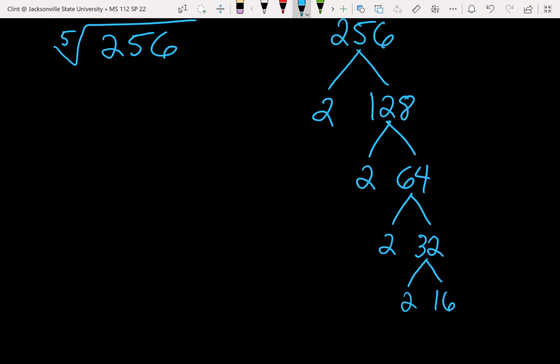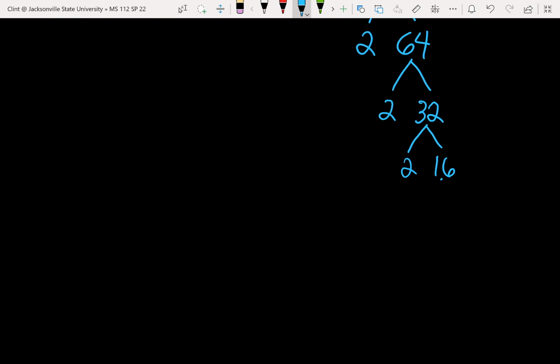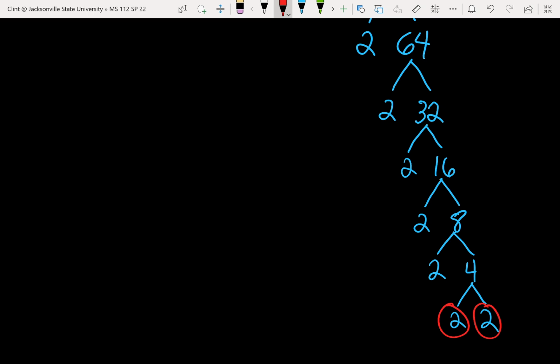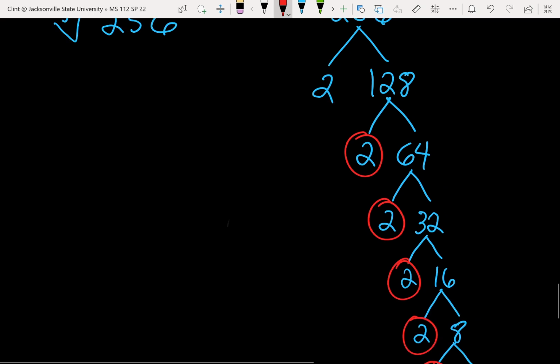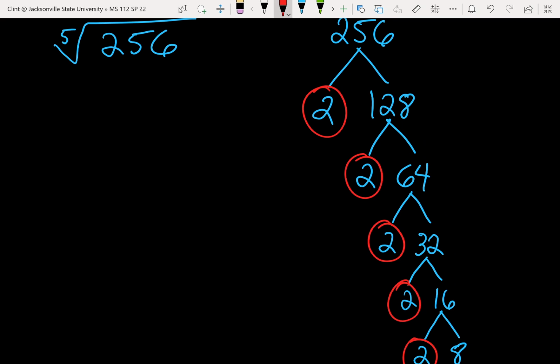I should have drawn my branches a little smaller. 16, 8, 4. So how many of those do we got? Let's see. 1, 2, 3, 4, 5, 6, 7, 8 2s in there. If you really wanted to, you could figure it out that way, right?